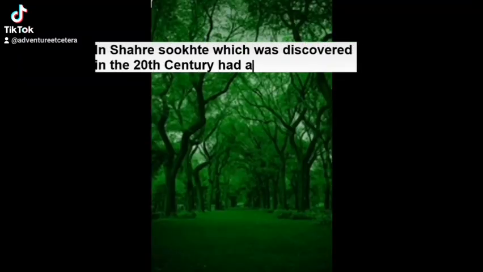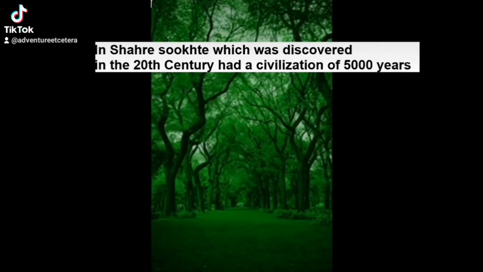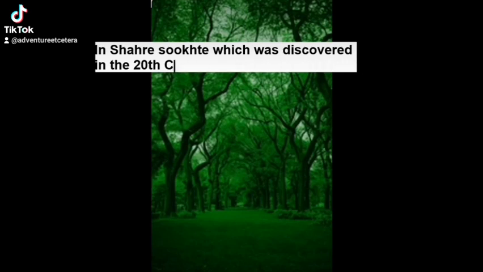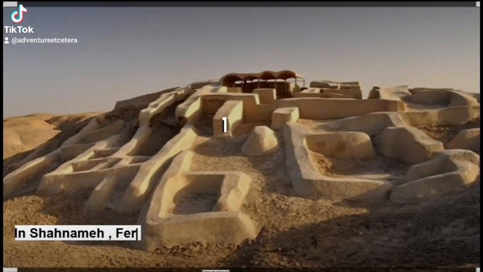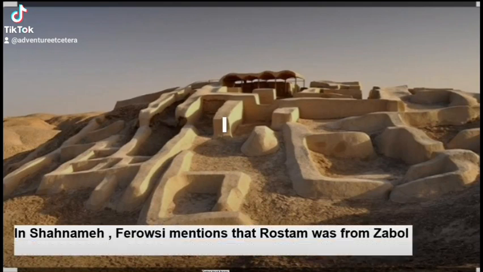And we have Shahr Sukhte, which was discovered in the 20th century, and they say that a civilization of about 5,000 years ago lived in that area, in Shahr Sukhte. And this is how Shahr Sukhte looks like today.